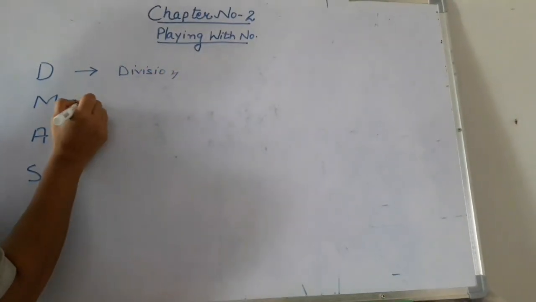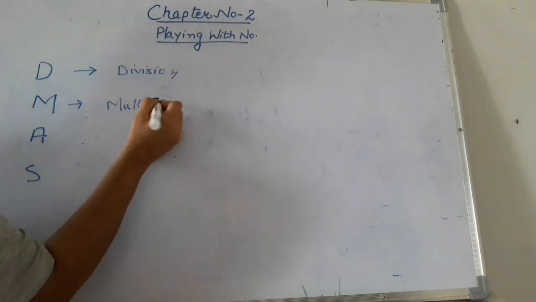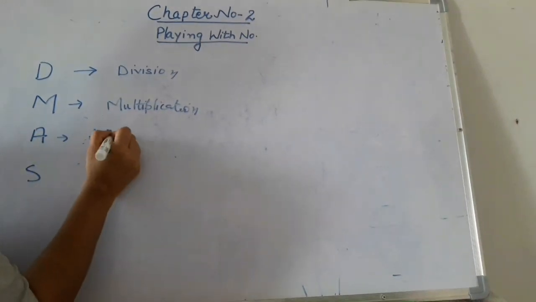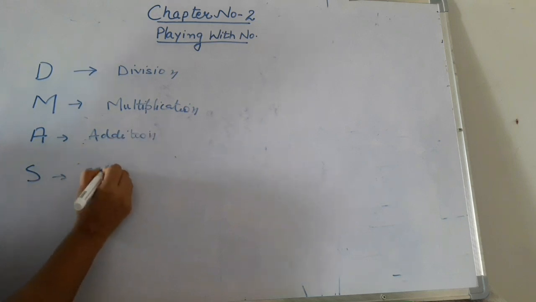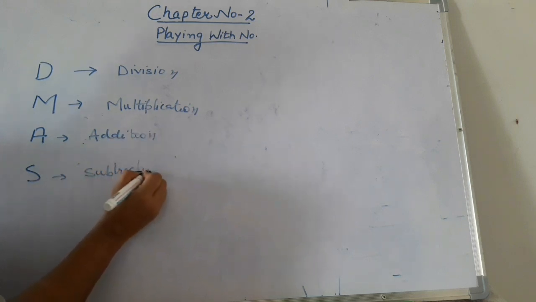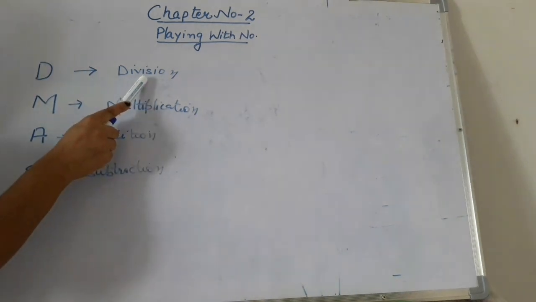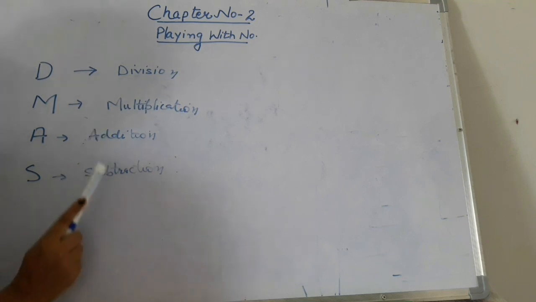M stands for multiplication, A stands for addition and S stands for subtraction. It means if you have multiple operations in one statement, you will first solve your division, then multiplication, then addition and then subtraction. Got it, students?